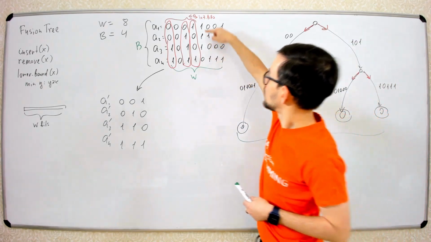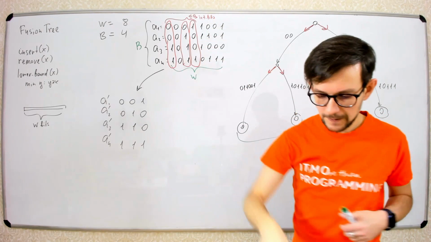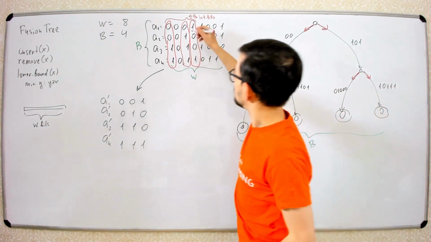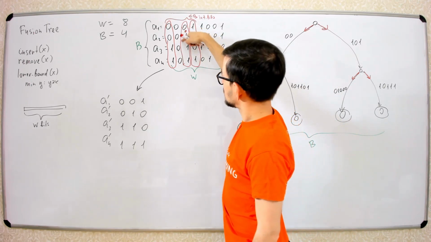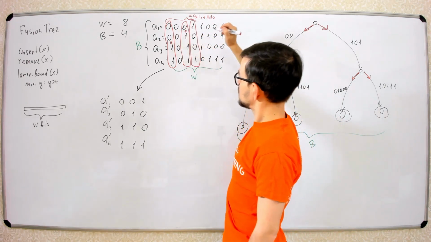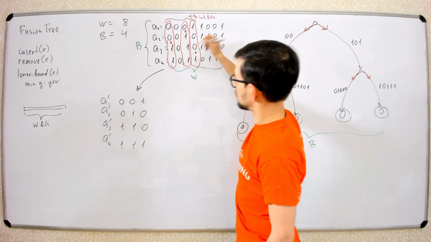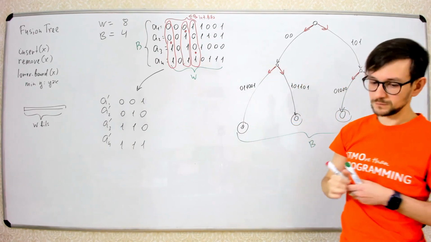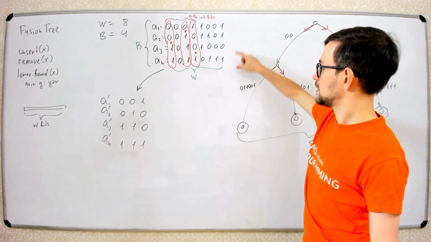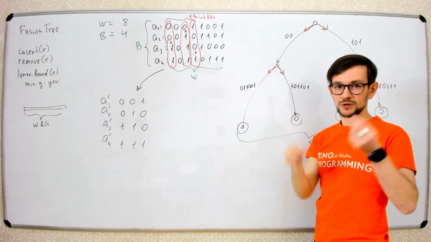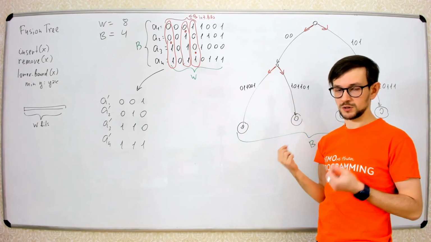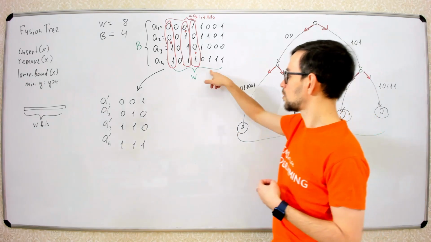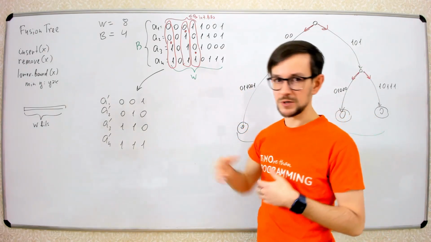For example, the first and second integer have a different third bit. The second and third have a different first bit, and these two integers have a different fourth bit. So if two consecutive integers differ in one bit, this bit will be important. So it will be presented in the sketch, so the sketches will be sorted.